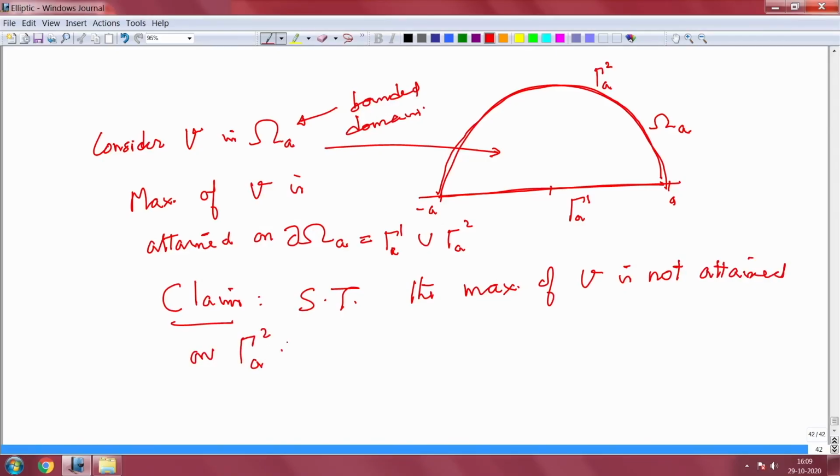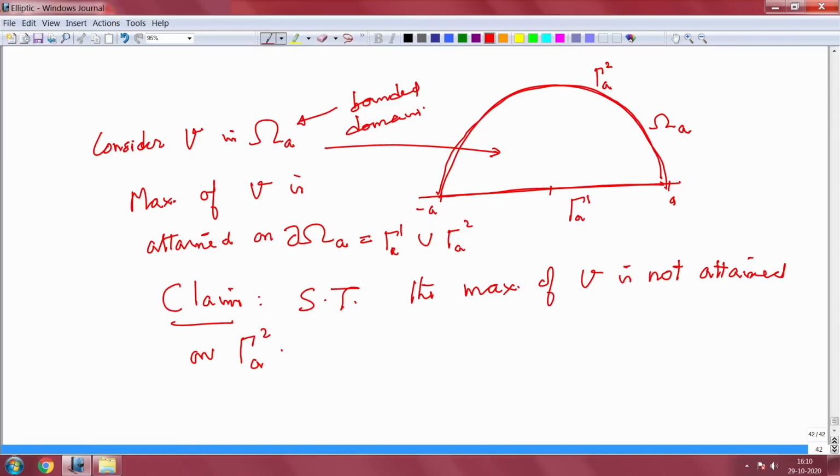Hence, it is attained on gamma 1A, and then take A large and derive a contradiction. If there is a maximum attained on gamma 2A, take A large and derive a contradiction to show that the maximum of V is not attained in omega A.